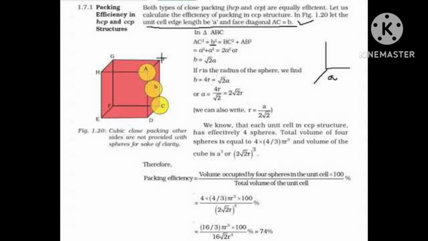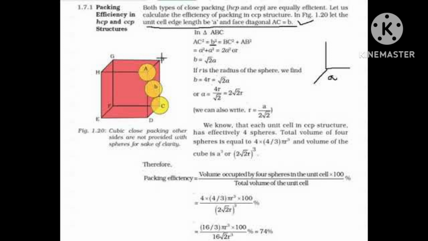Because it is in one line, the full diagonal length is 4R: 1 R due to A, 2 R due to the middle atom, and 1 R at the C corner. The diagonal length is 4R. Okay, this you have considered, the main things.